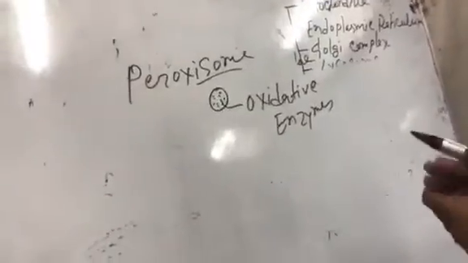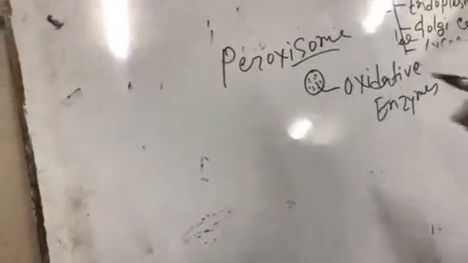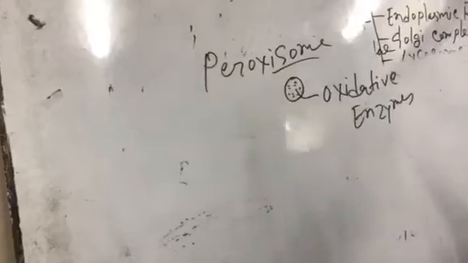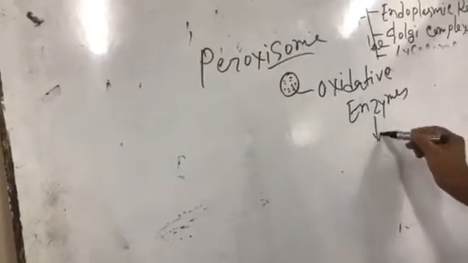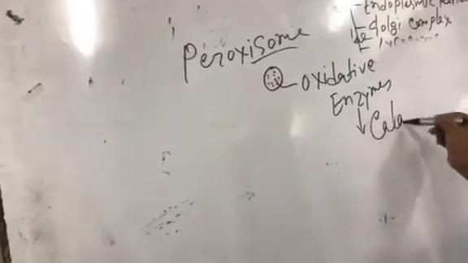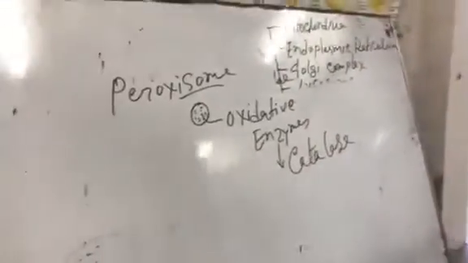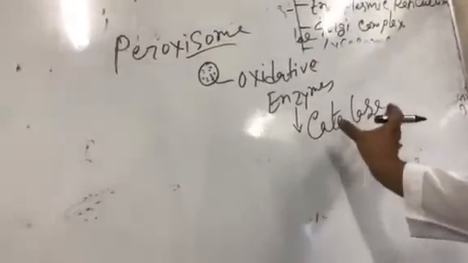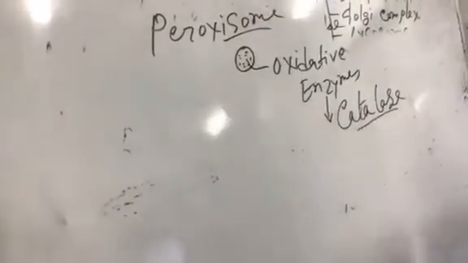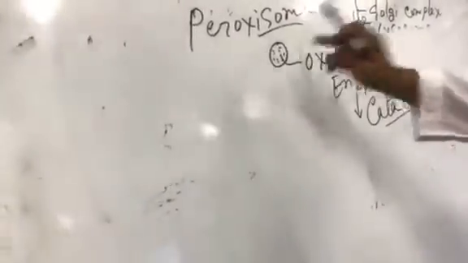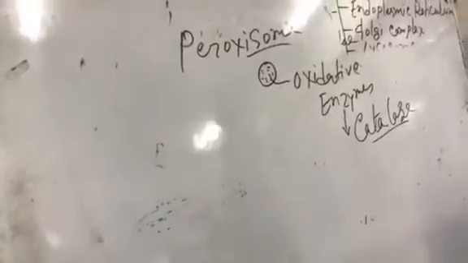One of these important oxidative enzymes is catalase. There are numerous oxidative enzymes, but the most important is catalase, which is present in peroxisome.